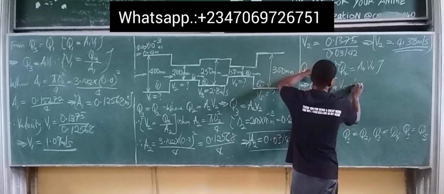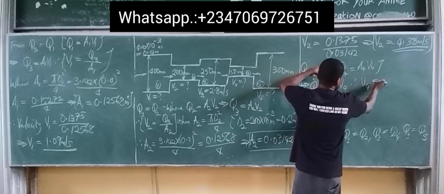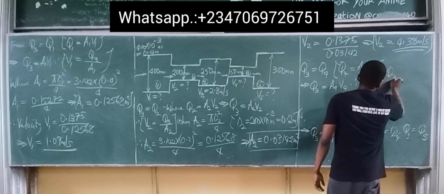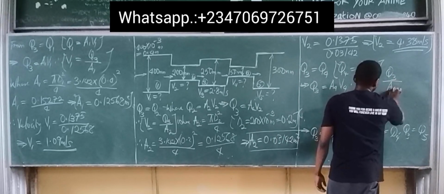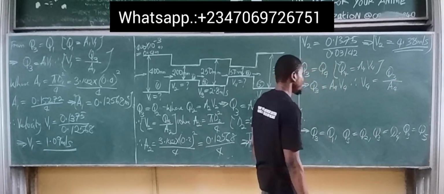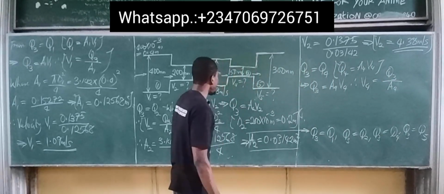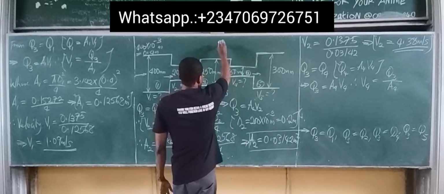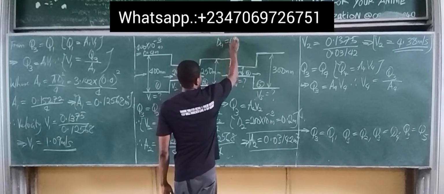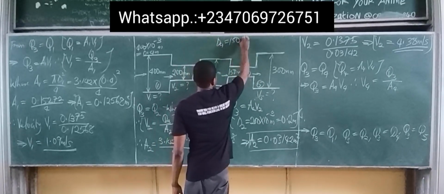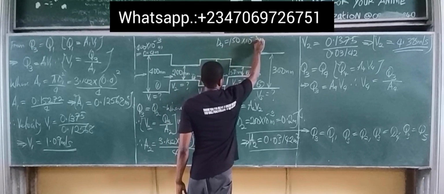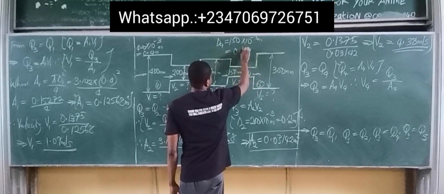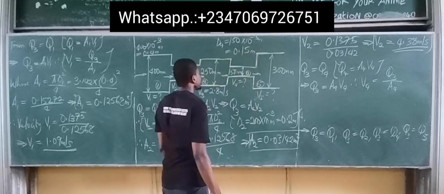Therefore, we can make V4, the speed in pipe 4, the subject, and that's simply equal to Q3 all over the area of pipe 4. So all we need to do now is find the area of pipe 4. The diameter of pipe 4, D4, was given as 150 millimeter, which is simply 150 times 10 to the power of minus 3 in meters. This gives approximately 0.15 meters.